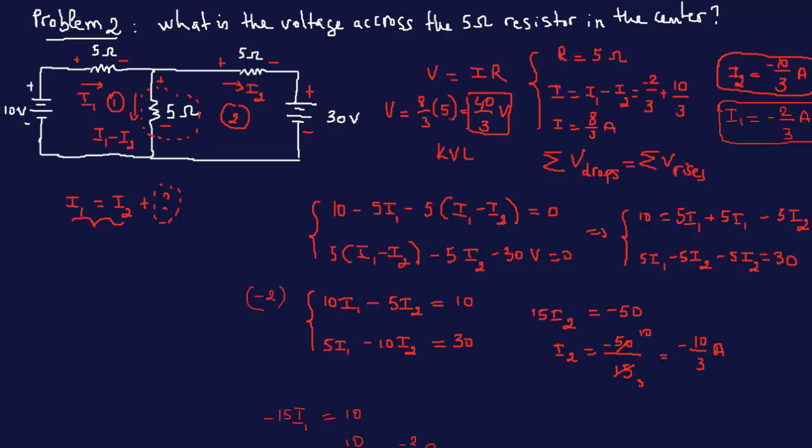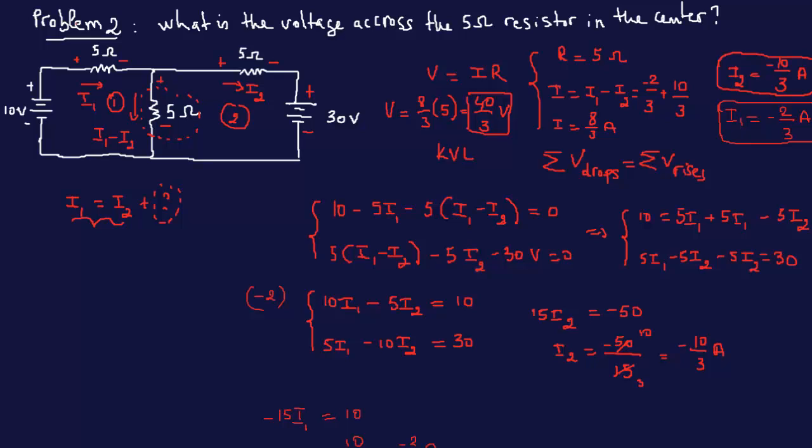Isn't that fun? Alright, so let's put everything together. The question was to find the voltage across the 5 ohm resistor. So always start with what's the question. The question is voltage. So what's voltage? By Ohm's law, voltage is IR. We know R, we don't know what I is. To find I, use KVL.